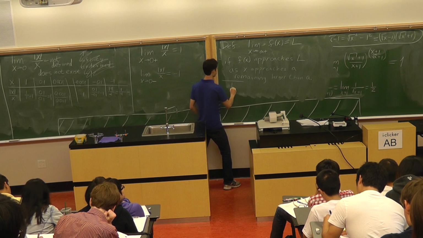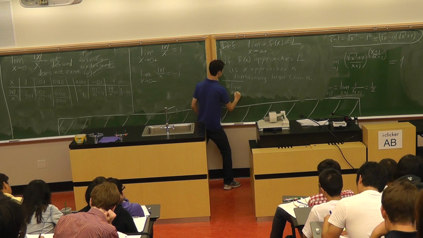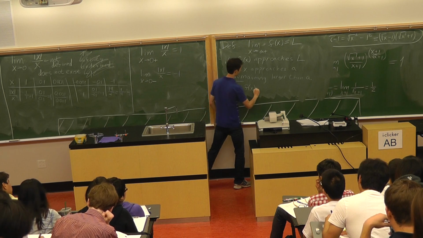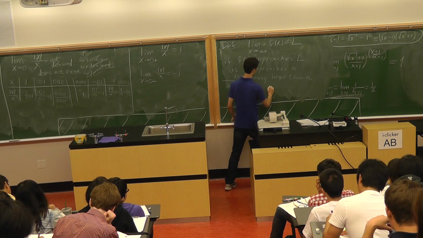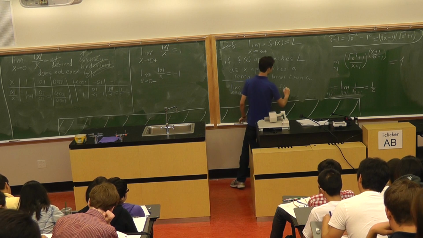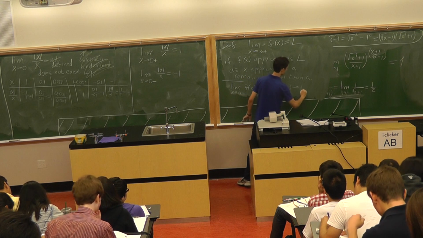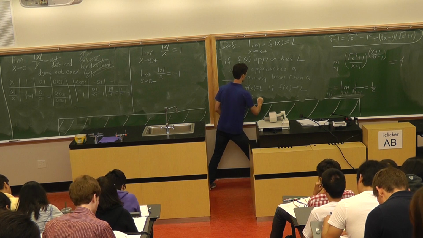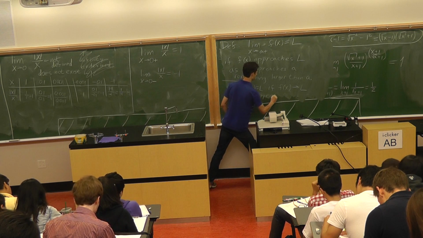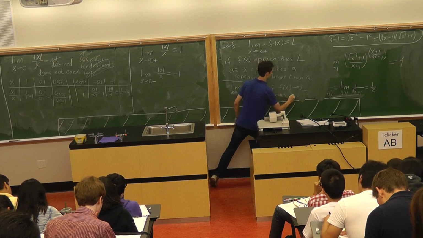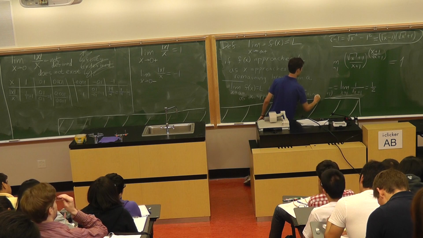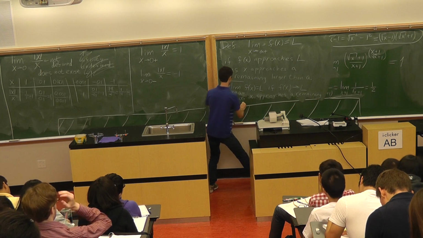And we also say that the limit as x tends to a from the left is some number L if f of x approaches L as x approaches a while remaining smaller than a.